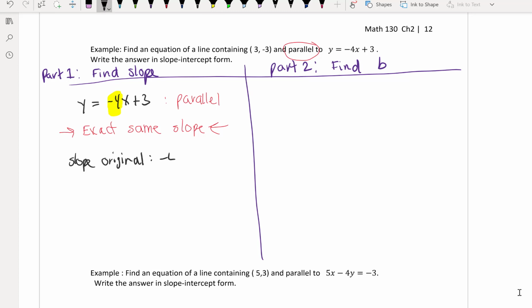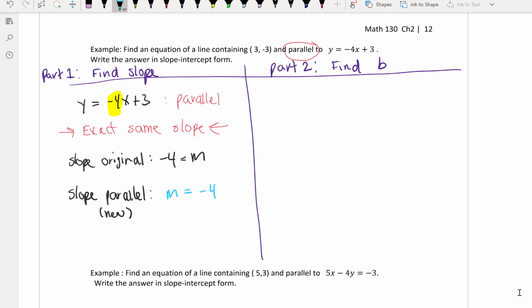So that's going to be negative 4. So m is equal to negative 4. Now, if I want the slope of my new equation to be parallel, parallel means it's going to be exactly the same. So it's going to be the exact same slope, okay? So that's my new slope. It's the same slope as before.